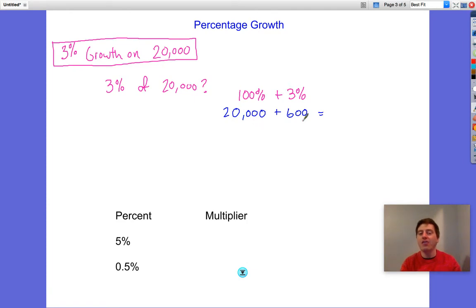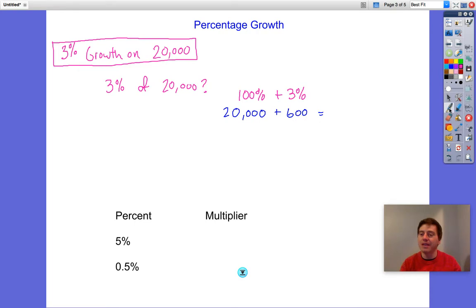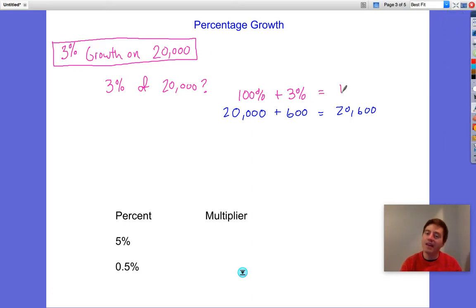Now I'm adding on 3%. That's the 600. Well, what's that going to give me? It gives me 20,600. Of course, that's the value. But what does that give me percentage-wise? That is 100 plus 3%, which is 103%.